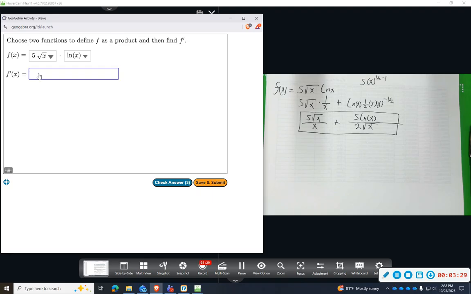We could rationalize these and combine the terms. That would probably be better, but this will be fine. I think they will accept it like so.